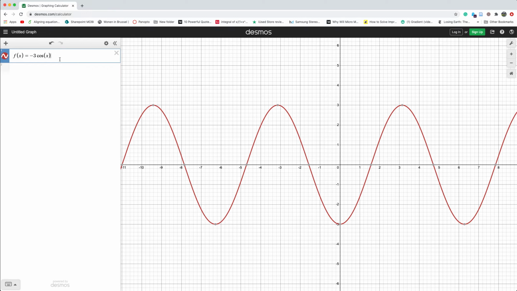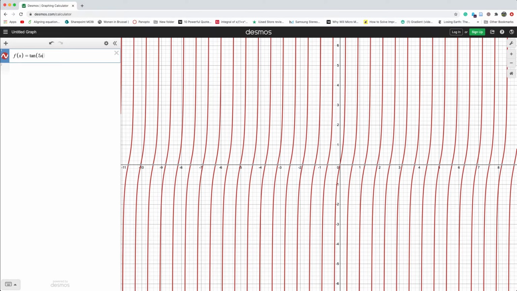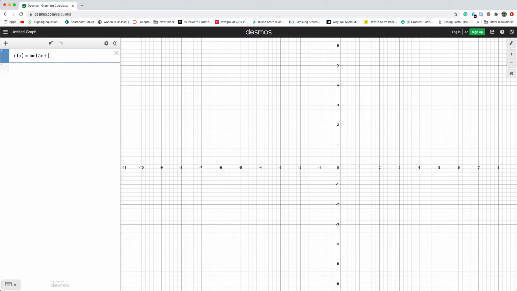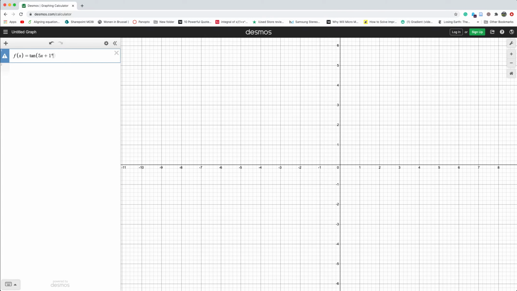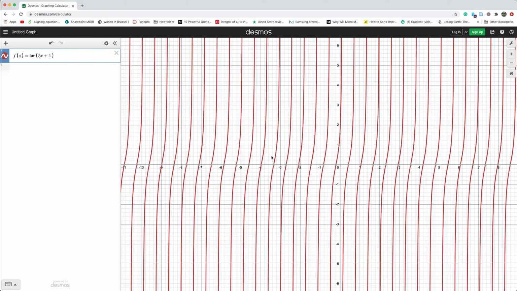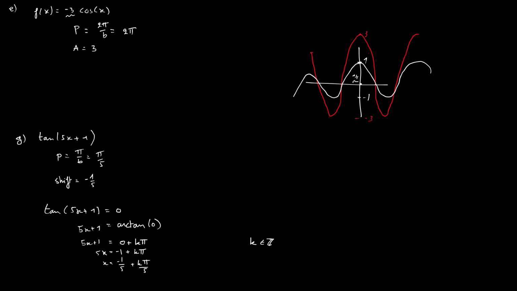So tangent of 5x, see, the screen already becomes much more busy, plus 1, like this. No, not degrees, like this. So you see over here where you're at 0, now we moved minus 0.2, or minus 1 over 5. And this is what it's going to look like. Okay, so that's for question 2.